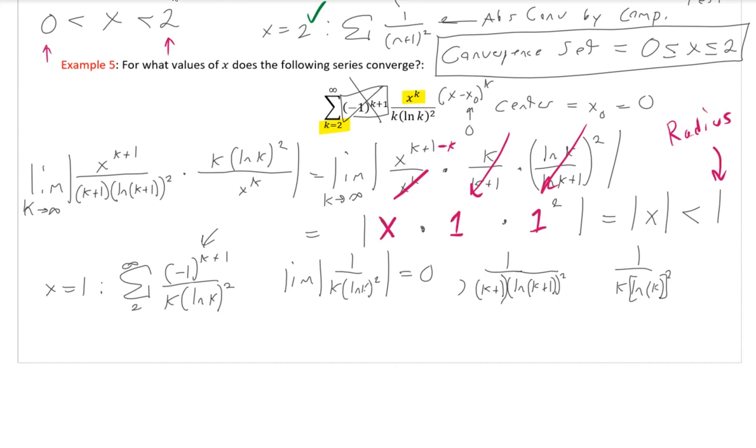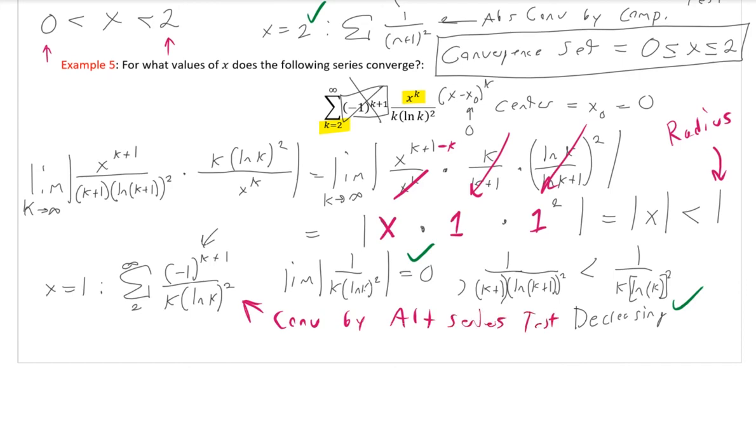Well, the left-hand side is always going to be bigger than the right-hand side, at least for the denominators. So because the left-hand side has a bigger denominator, it's a smaller value overall. So it is decreasing. So we have both checks. And so by the alternating series test, this converges.